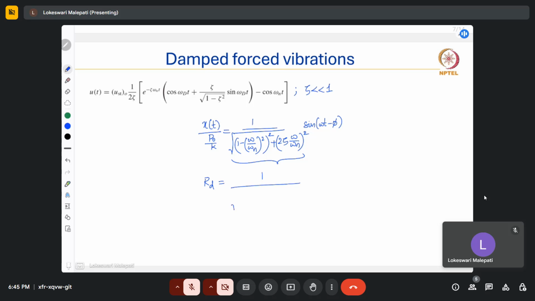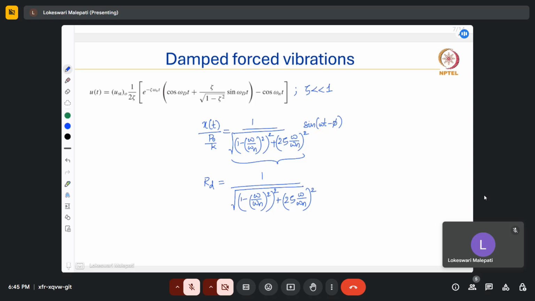This Rd is equal to 1 by square root of 1 minus omega by omega n the whole square plus 2 zeta omega by omega n the whole square. This is the deformation response factor for damped forced vibrations.